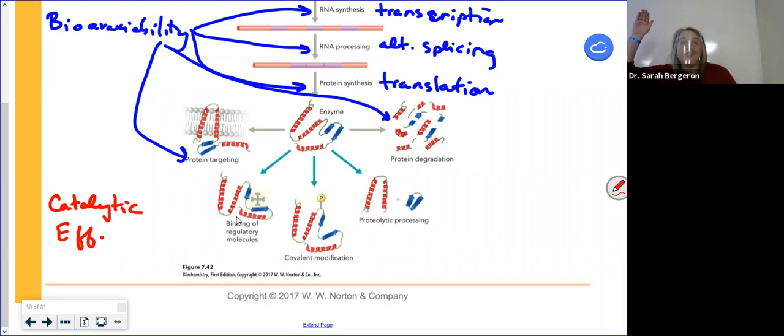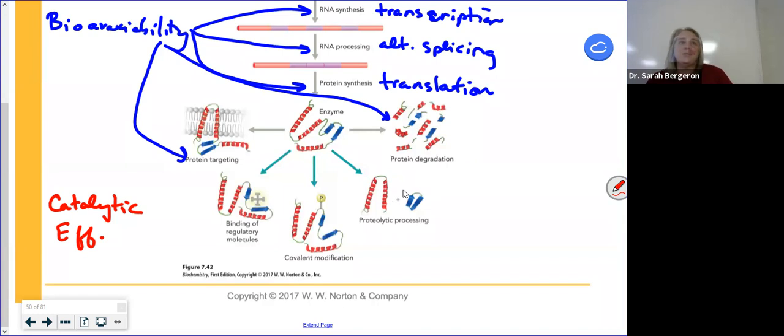So if the energy charge is high, we're going to inhibit the electron transport chain, right? We're going to inhibit parts of the citrate cycle. We're going to inhibit the things that we don't need, and we're going to go and make fatty acids. So that's one way that you can regulate catalytic efficiency, is having a substrate associate with your enzyme. Then the last one is proteolytic processing. This isn't super common, but it's seen.